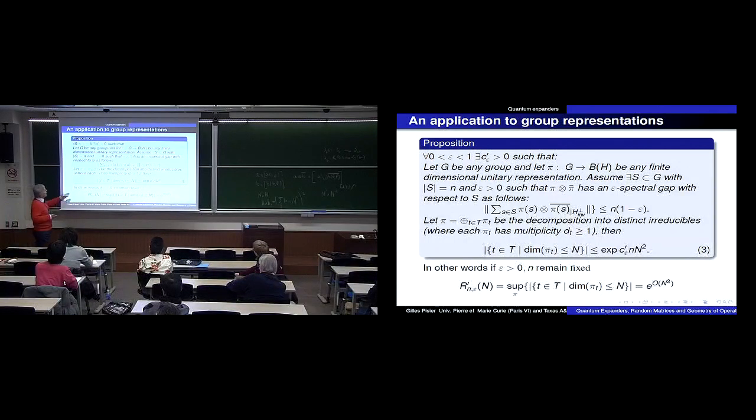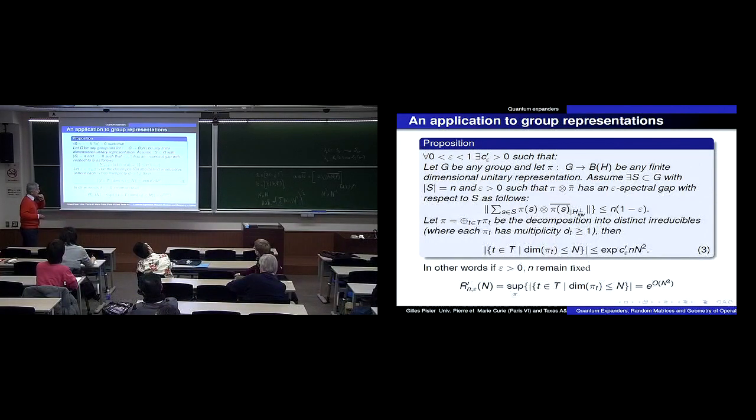So the same argument that proved the previous result works in this setting. You have the same bound. That is, the number of distinct irreducibles that appear has this bound here. I should have written n prime to be consistent. I just somehow wrote n here, but it was n prime before. I've reserved capital N. Okay, well, I've reserved n here.